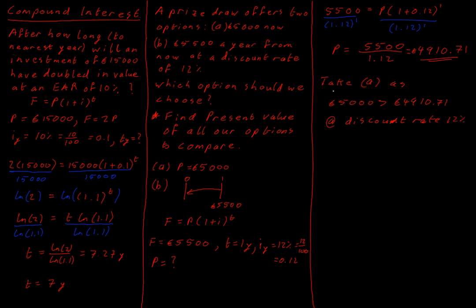So we have said which answer we would go with. We have given a numerical reason why, and we've stated effectively our assumption, this assumption of the discount rate of 12%. So that guarantees that the examiner knows that we know what we're talking about.